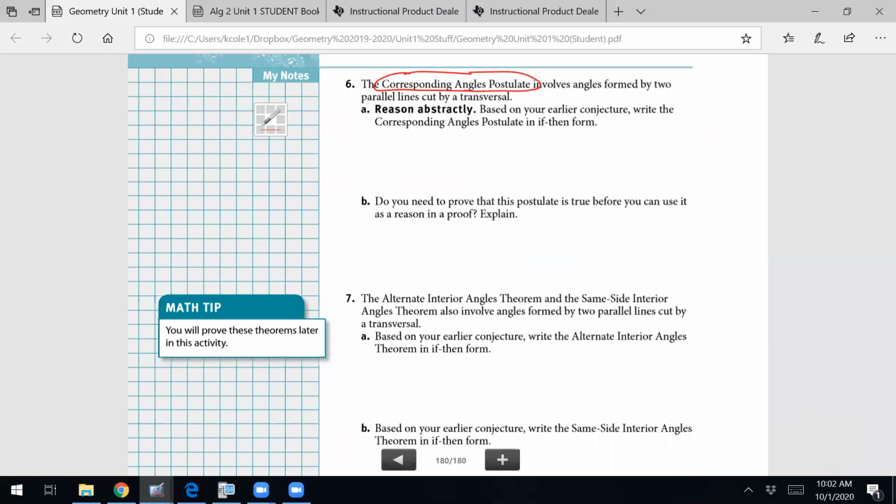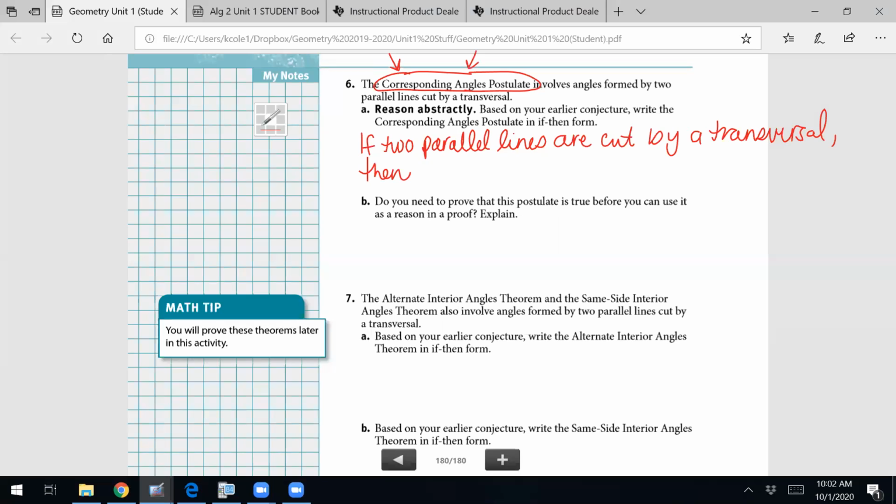All right, so here we go. If 2 parallel lines are cut by a transversal, then what are we talking about? Corresponding. What do you know about corresponding angles? What will corresponding angles be?